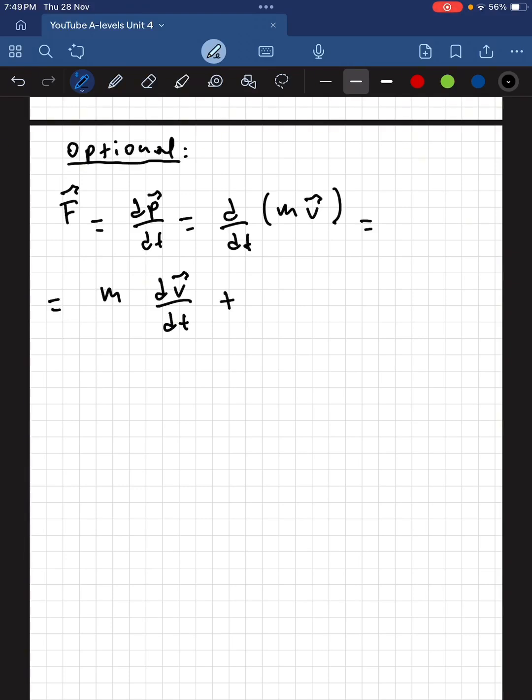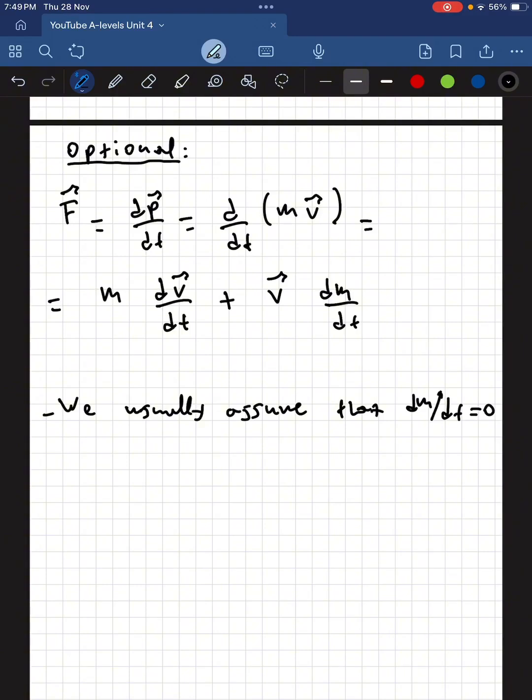But then we can also get a second term, v times dm over dt. So we usually assume that dm over dt is 0.